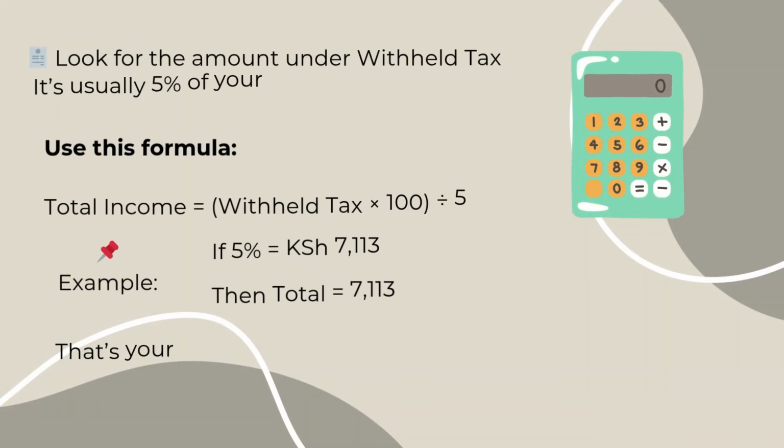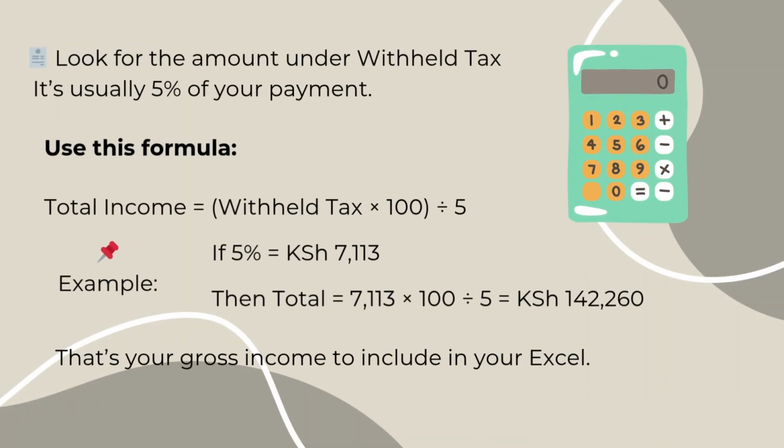Now, tufanye hesabu kidogo, si ndio? If 5% is 7,000, for example, in our case, the withhold amount is 7,113. So if 5% is 7,113, then total income is equals to 100%. So how do you calculate that total income?